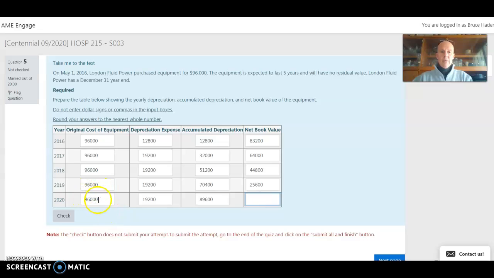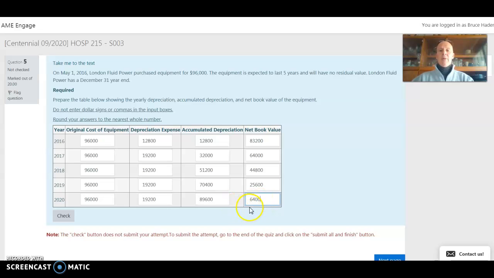So I take my original cost of the equipment, $96,000, I subtract $89,600, and that means on December the 31st of 2020, our net book value is $6,400.